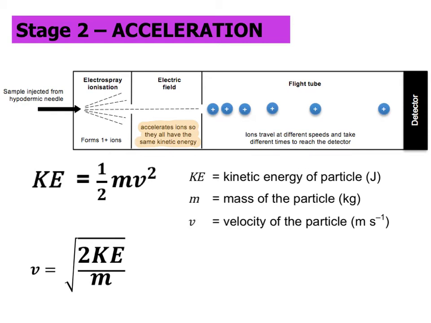So we have to recall our kinetic energy equation that you would have done at GCSE in physics. So kinetic energy is half mv squared. Remember that m is mass and v is velocity. Bear in mind that this is a physics equation. So because this is a physics equation, we'll be using the conventional units for physics.